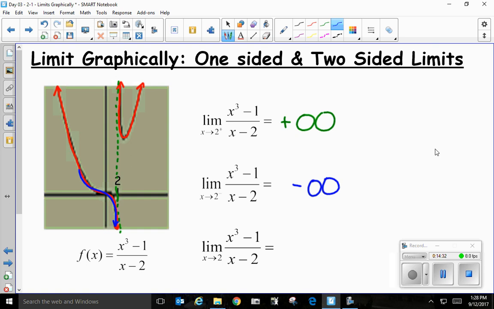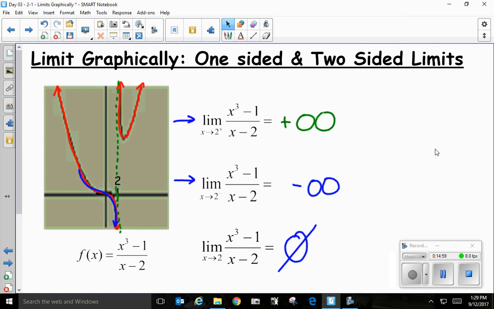So, if I ask you for the limit at 2, and I look at the limit from the right side, and I look at the limit from the left side, are they the same value? Are they the same value, though? No. So does the limit exist? No, it does not exist. It has to approach the same value from the left and right side for it to have a value.